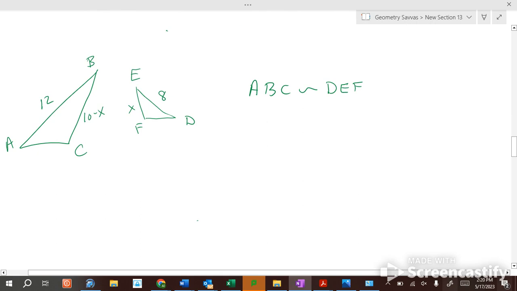Okay. Triangle ABC is congruent, or is similar, not congruent. They're different sizes. So triangle ABC is similar to triangle DEF. How do I figure out what x is? They're similar triangles.